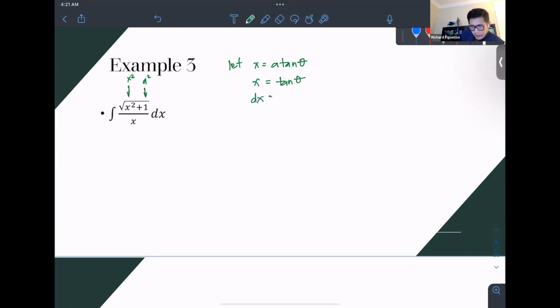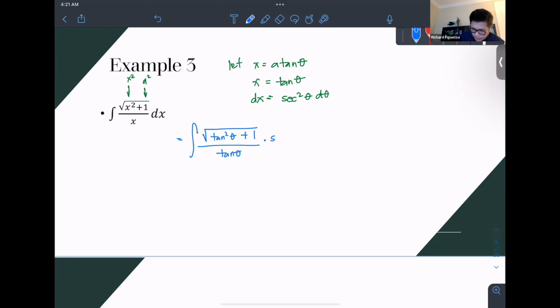So dx then so will be secant squared theta d theta. So we substitute. So x squared. So x is tangent theta. So therefore this would be tangent squared theta plus 1 all over our x is tangent theta.